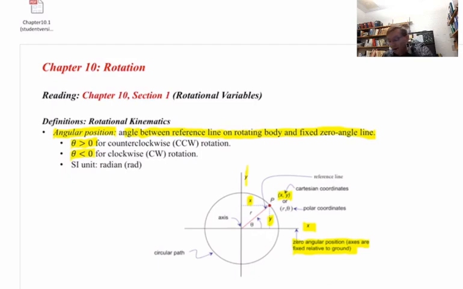But there's an alternative way to denote the position of that point: instead of x and y, give the radial distance from the axis of rotation out to point P, which is just the radius of the circle that point P is moving in, denoted r, and the angle theta that the red line makes with plus x. So instead of x and y, I could tell you the polar coordinates of point P, r and theta.